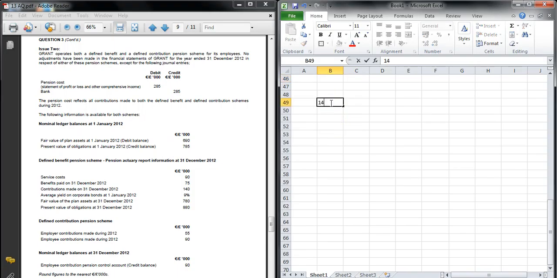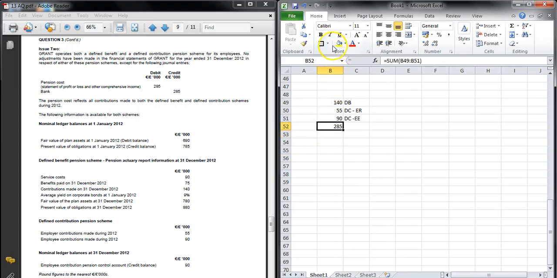So it must be made up of the 140 from the DB scheme. It must also be made up of 55 from the DC scheme, from the employer, so call it ER, and it must also be made up of 90 from the DC scheme from the employee. So that's important to understand. Well, that's what the 285 is made up of.